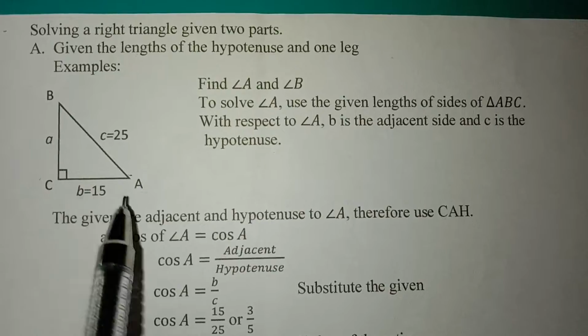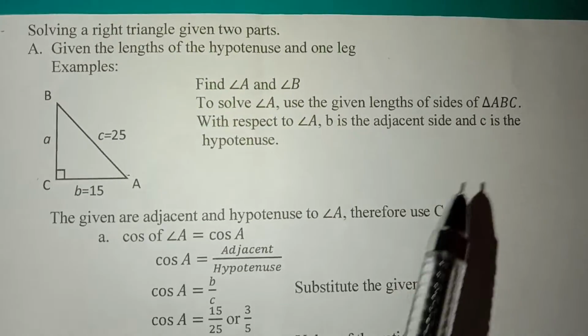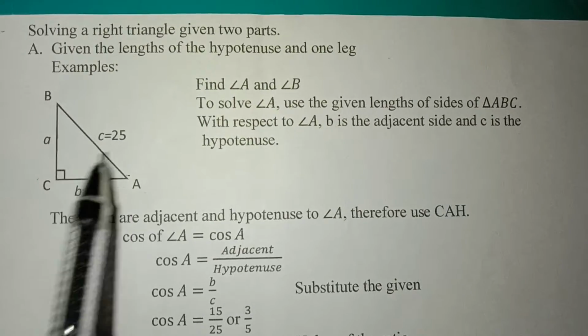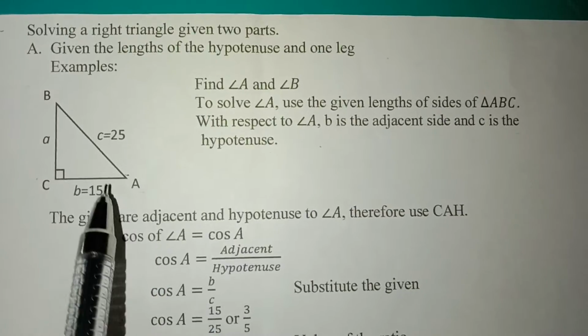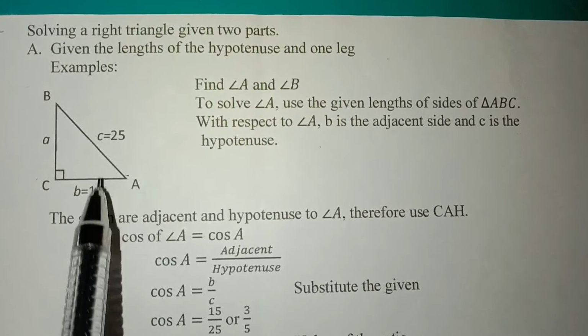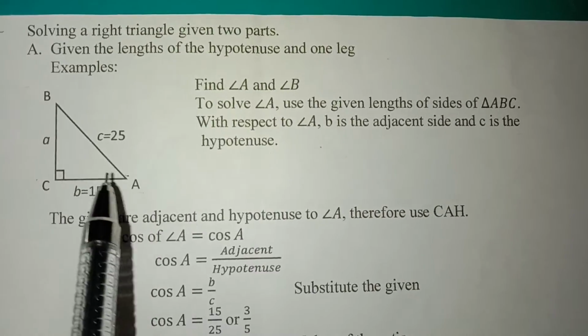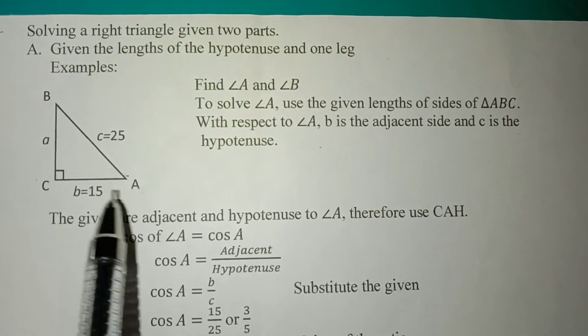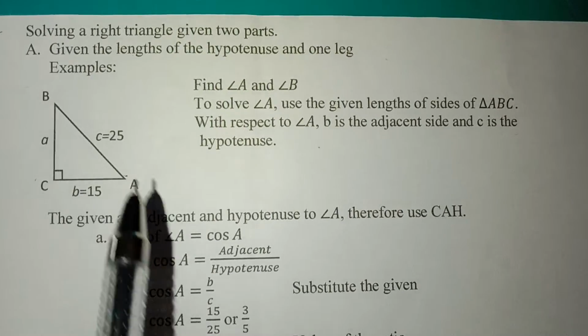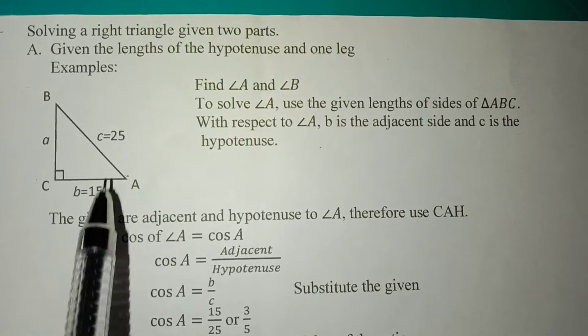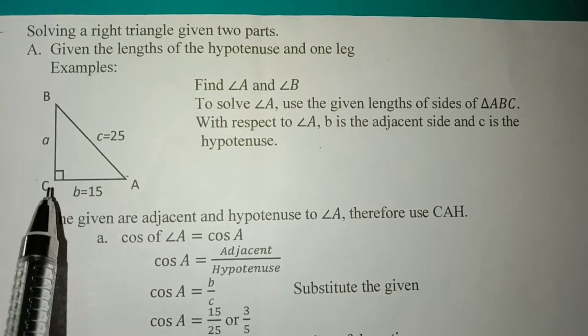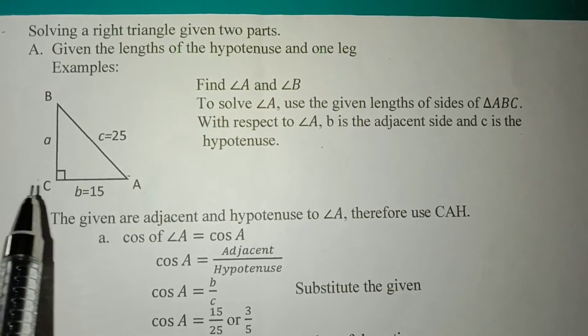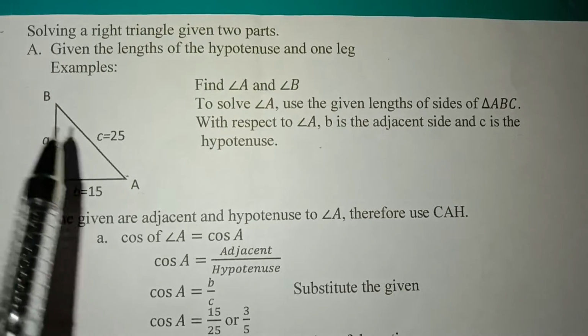Since we are looking for angle A, we're going to use angle A as our reference angle. Therefore B is the adjacent side, C is the hypotenuse.